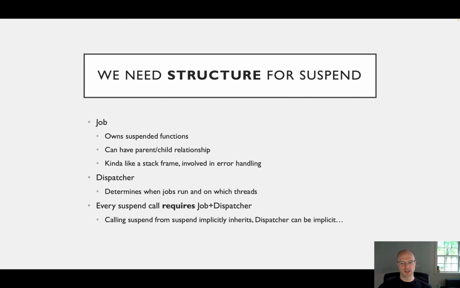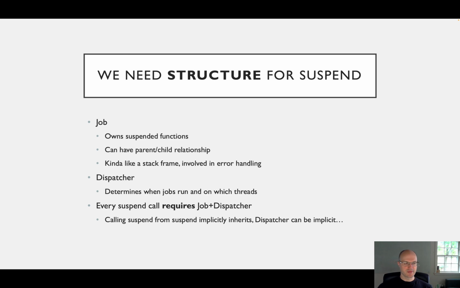In particular, if you're already in a suspend function and you're just calling another suspend function, you don't have to specify anything about this structure. It's going to automatically reuse your existing structure. You'll get the same job, you'll get the same dispatcher, everything just works automatically. Similarly, in cases where you would normally have to specify a dispatcher, often you actually don't, because there is a default dispatcher that will be provided for you.